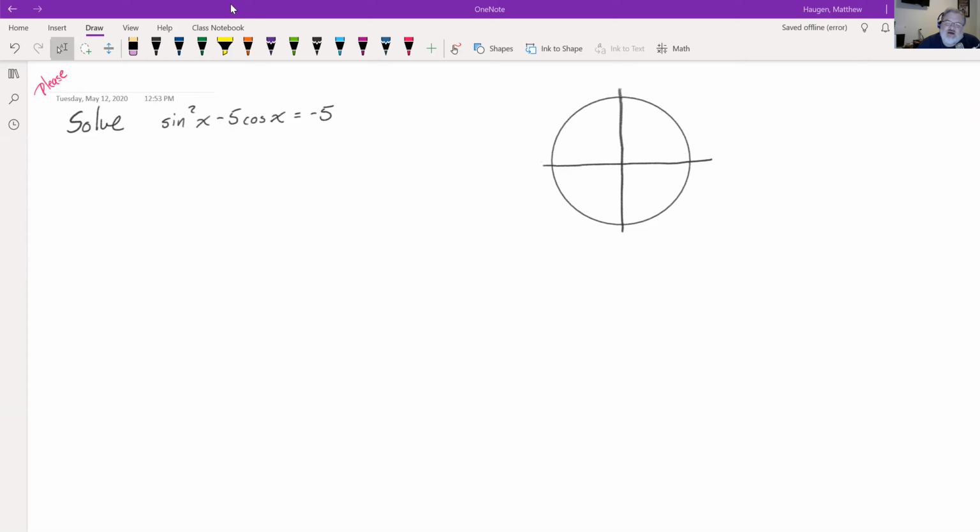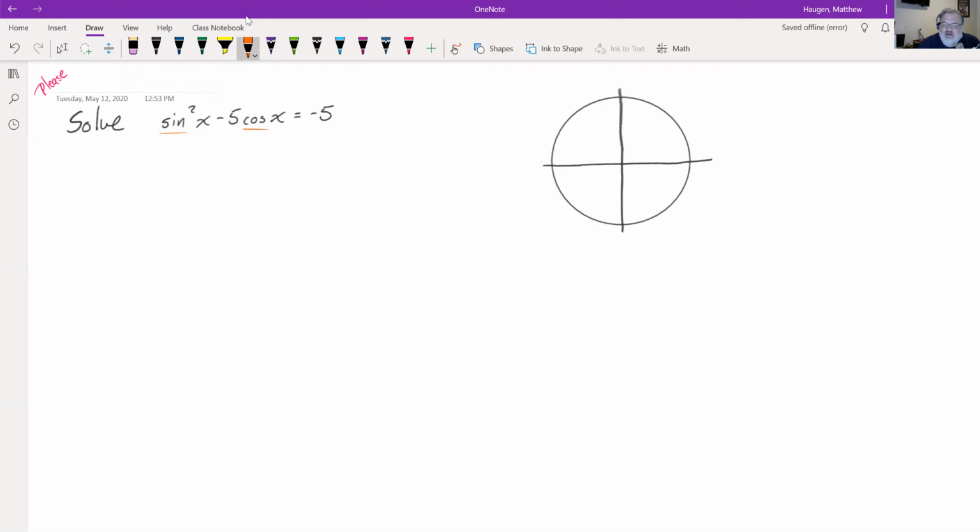But the trouble with this problem and problems like this one is the fact that we have both a cosine and a sine here is disadvantageous. It would be better trying to solve this problem as a quadratic if both of the trig functions were the same.